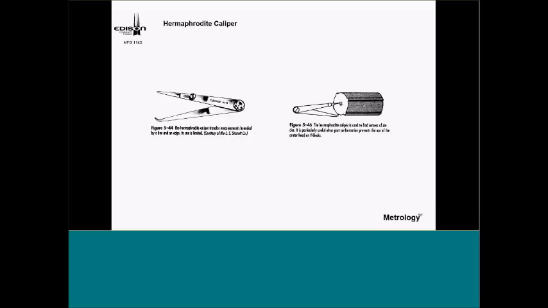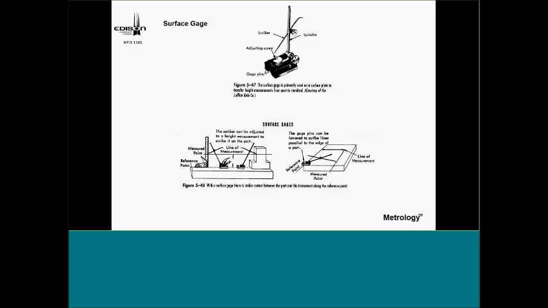And there's my good old hermaphrodite caliper, and how to use it. And a good old surface gauge. Whether I'm transferring a line of measurement to a part, or I'm going from the edge, my reference point, these have pins that come down, and I show them how to do that.